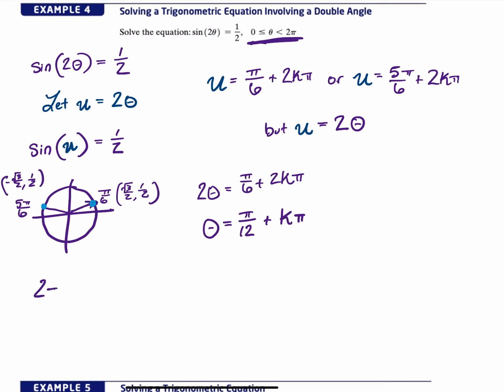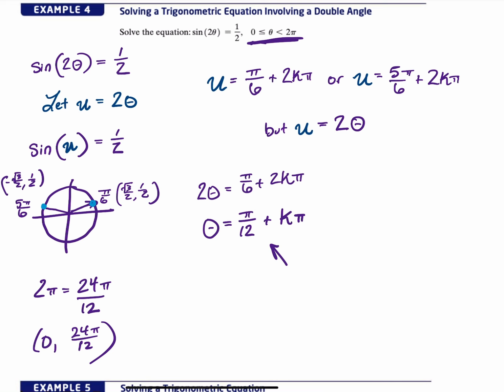You can say 2 pi is equal to 24 pi over 12. So I want to list all particular solutions from this general statement that fall within that interval from 0 to 24 pi over 12, which is equivalent to 2 pi.